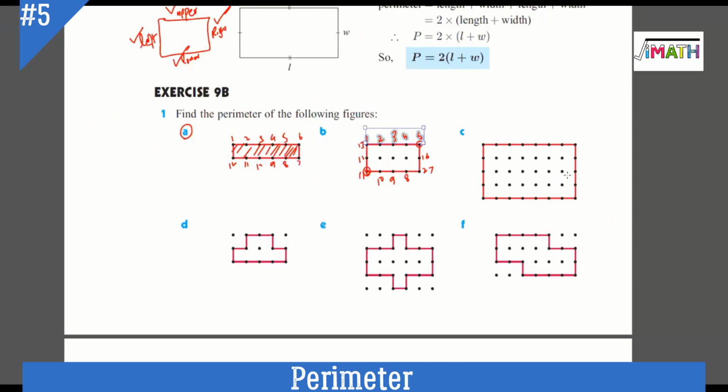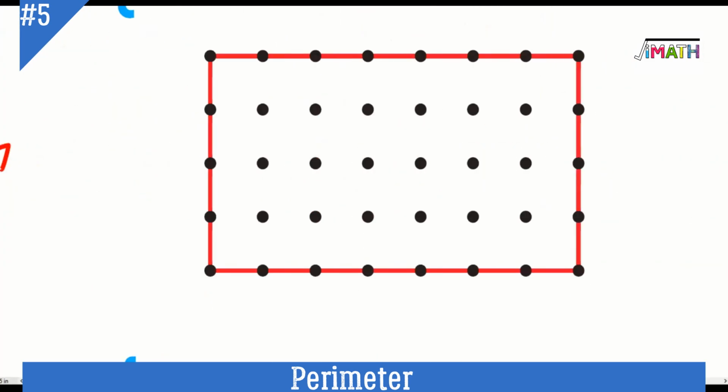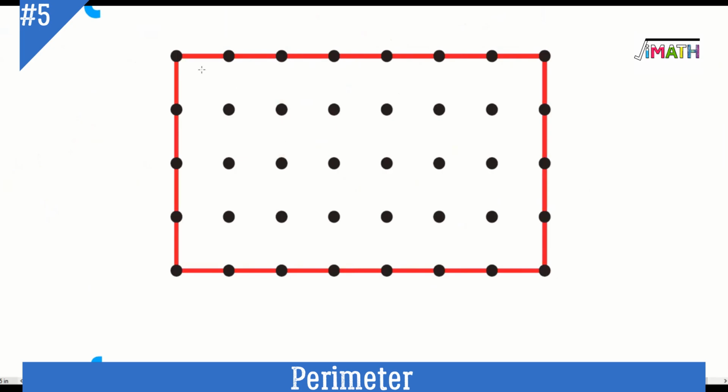So what do you think? What's going to be the length of the upper side only? 8, right? Yeah. And then you don't count it because it is already counted in the upper side. So you start from the next one. What's going to be the length of the right side? 4. 1, 2, 3, 4.